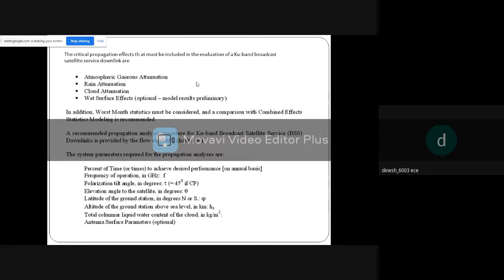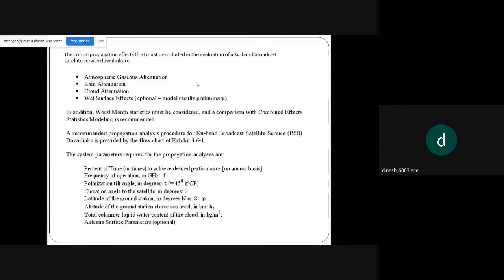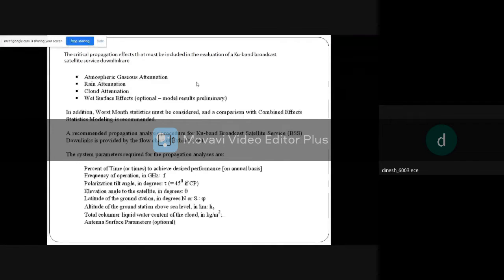These are the propagation effects that should be considered while designing a satellite to operate in Ku band for the broadcast satellite service.